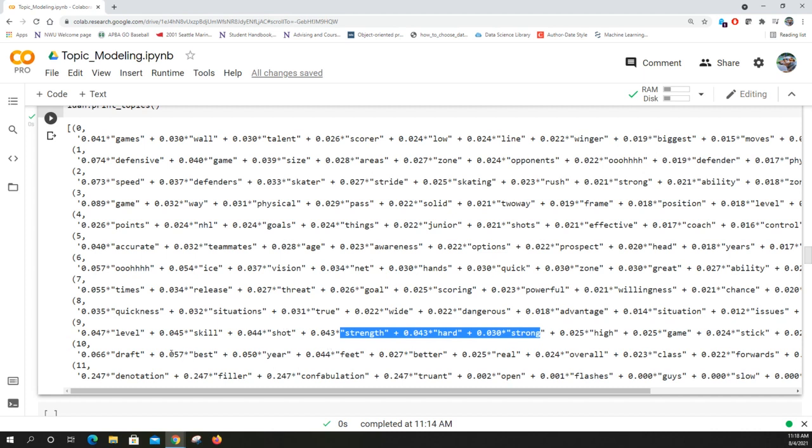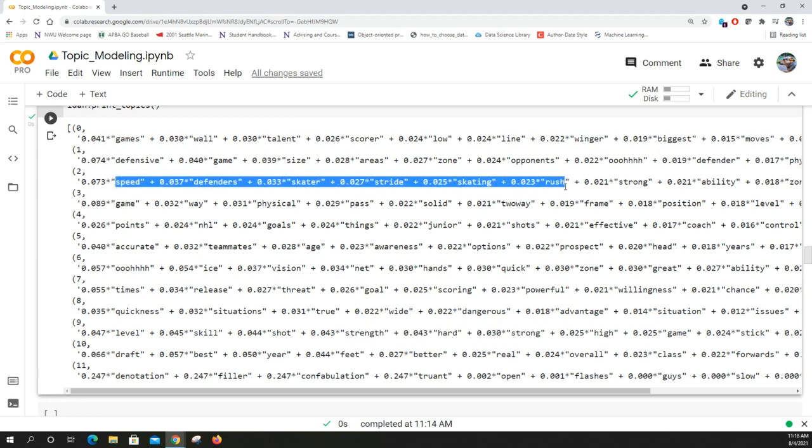All in all, there are some things to be excited about, such as this one, and there are some that I see here that I think are not very tight representations of topics.